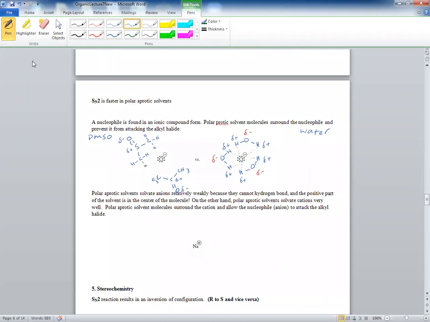Also, what's good about having DMSO as a solvent is that they are very effective at surrounding the cation and prevent it from going back and bonding ionically with the chloride.